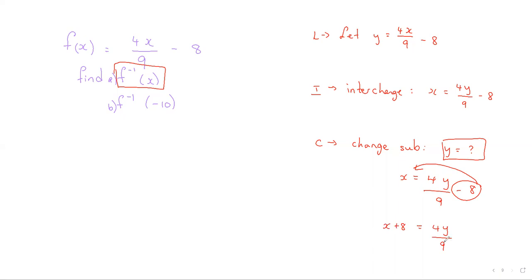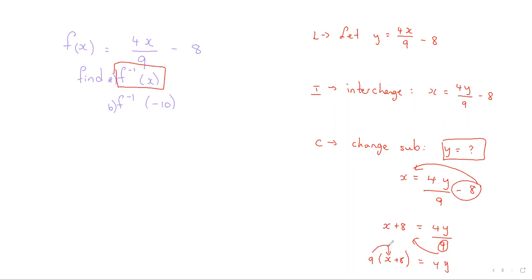Then this was dividing. So when it goes across, it becomes multiplying. So basically, I have to multiply everything here by 9. Right? So I'm going to multiply this by 9. I could get rid of that bracket.